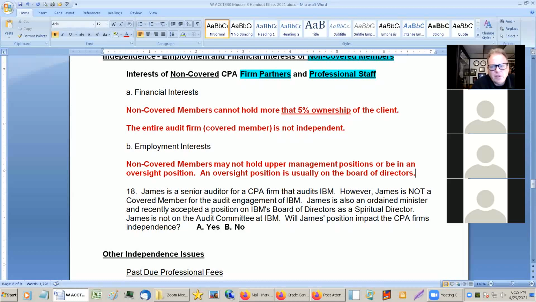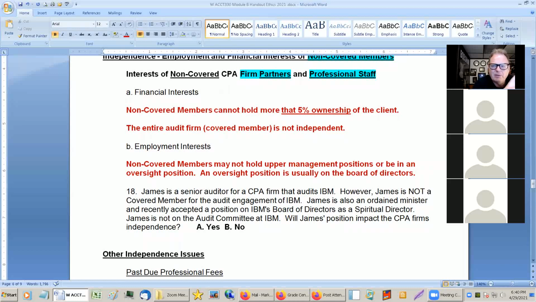So when they talk about oversight, it is the board of directors. It could be a regular person on the board of directors, a regular director. It could be someone on the audit committee. It's usually a subset of it. But the oversight position is that they are in charge of looking over the company. So you can't be a member of upper management, and they usually are looking at the director level or above, depending on what the director level is.